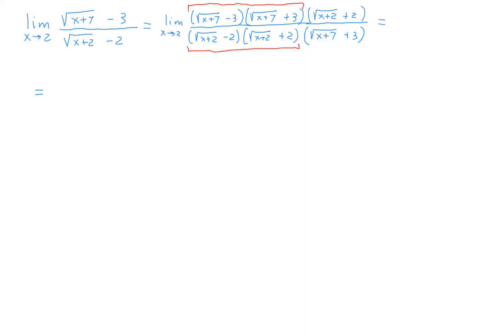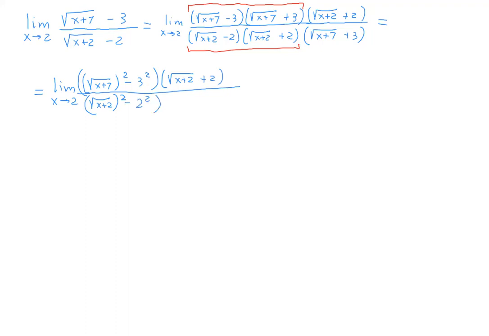So we will get the limit as x tends to 2 of (square root of x plus 7) square minus 3 square, times the square root of x plus 2 plus 2, divided by (square root of x plus 2) square minus 2 square, times the square root of x plus 7 plus 3. And what is that?